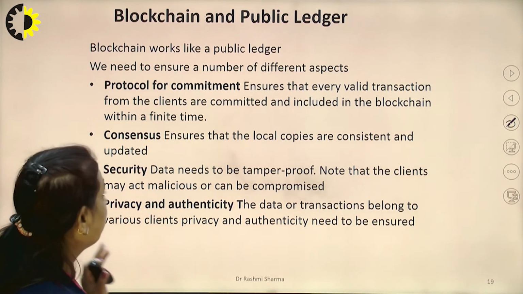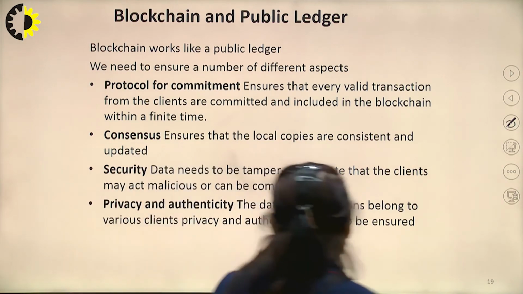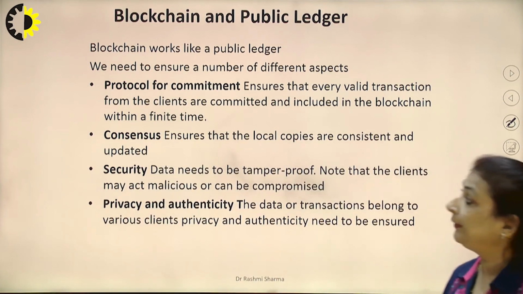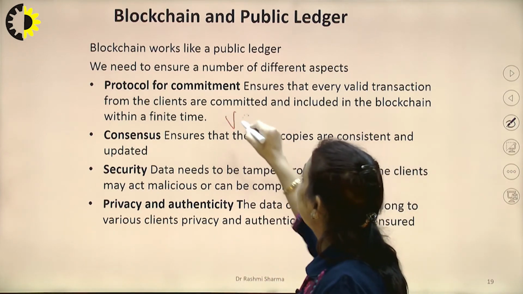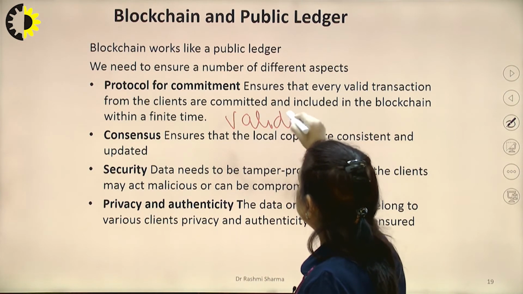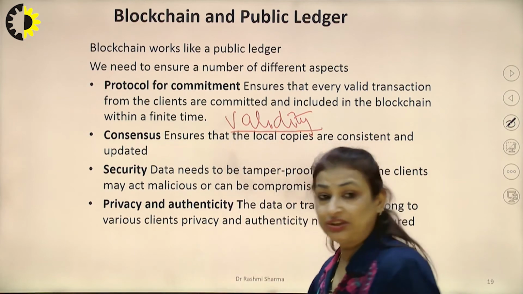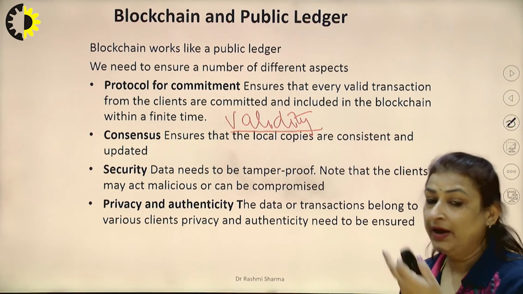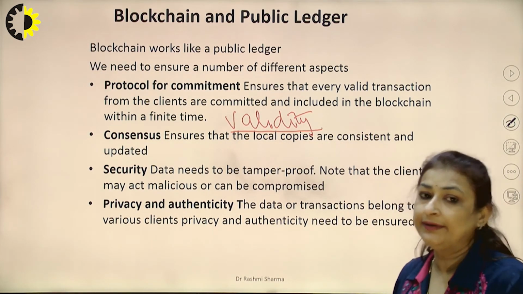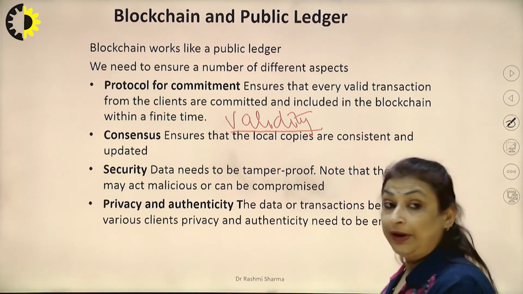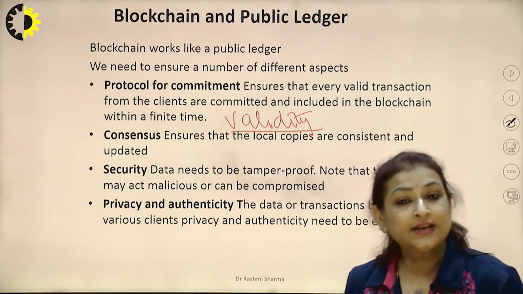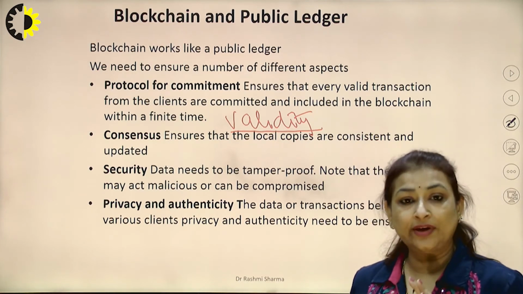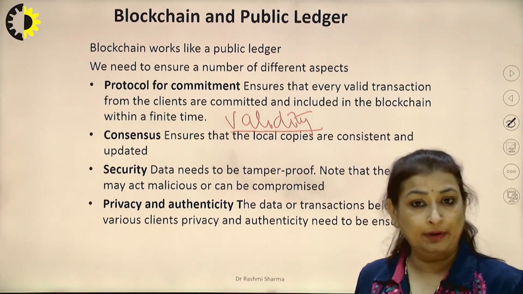Now we have a protocol for commitment. What does this protocol of commitment mean? We have to see the validity of the transaction. If the transaction is valid, proceed. If the transaction is invalid, then decline it. We have to ensure that the transaction being done is valid, and then we will commit that transaction.